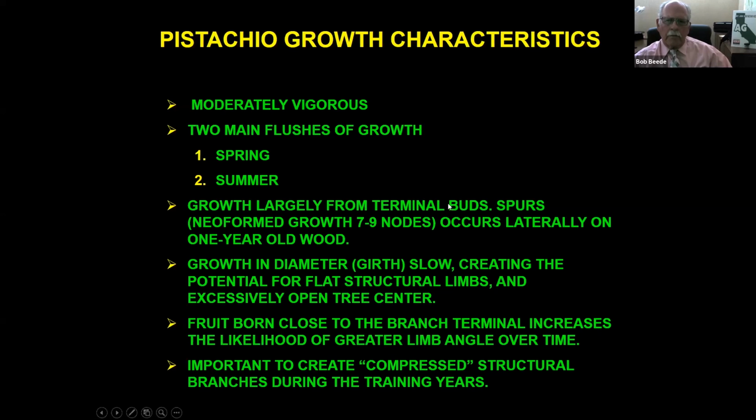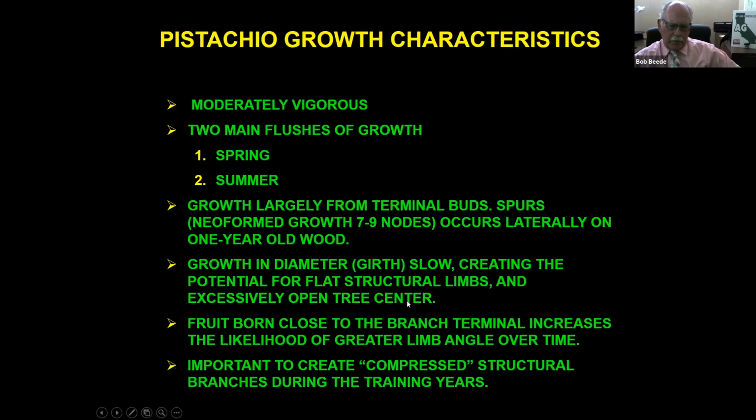They grow largely from terminal buds. Spurs are preformed growth of 7 to 9 nodes, and they occur laterally on 1-year-old wood. These spurs are critical for fruit production later in the tree's life. They don't grow in diameter as rapidly as other deciduous nut trees, and this results in the potential for flat structural branches and an excessively open tree center.